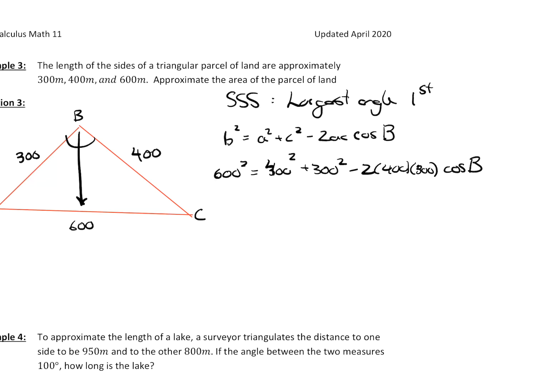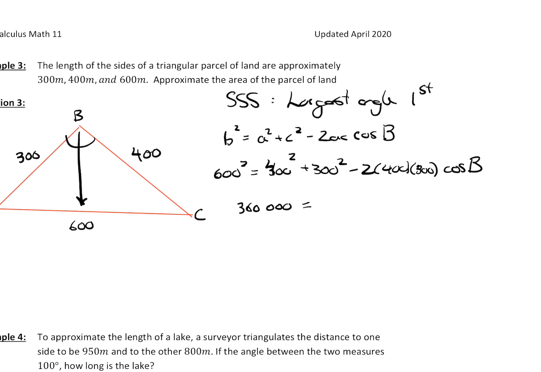So we work that through a little bit, and you can solve for angle B. Well, no, you know what? Let's actually do this. I just don't have my calculator handy. 600 squared is 360,000.